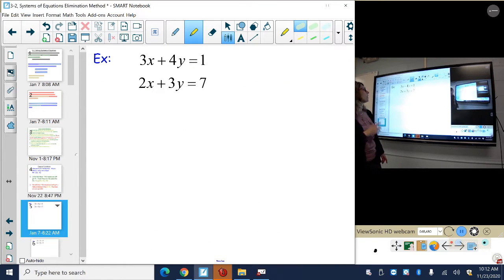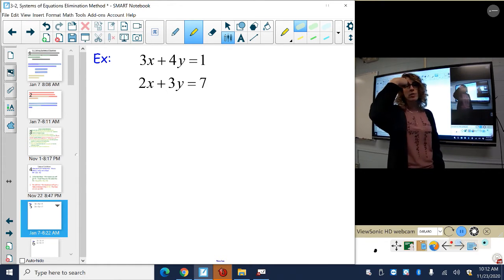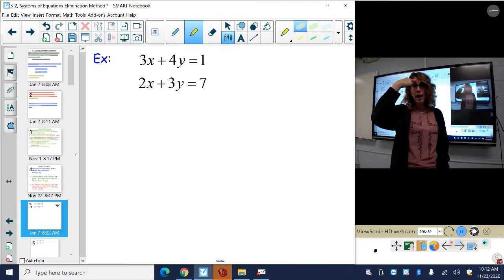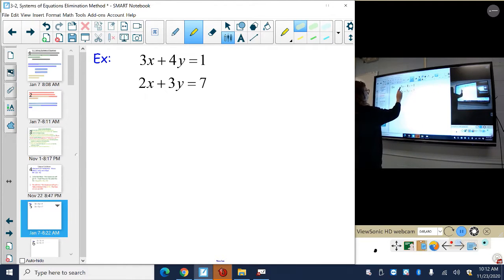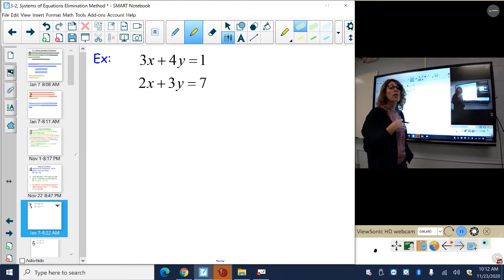So let's go ahead and jump into this. The very first thing we have is two equations. So the first thing your brain is going to say is, are my x's over my x's, my y's over my y's, and my numbers over my numbers? I have 3x over 2x, yes, 4y over 3y, yes, equals over equals, and a number over a number. So they are lined up.